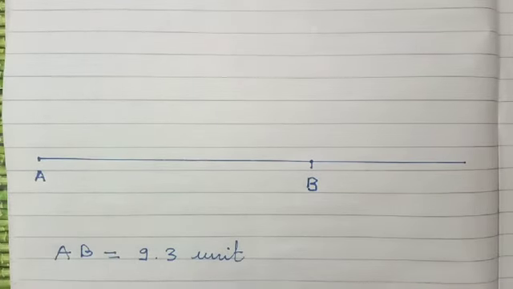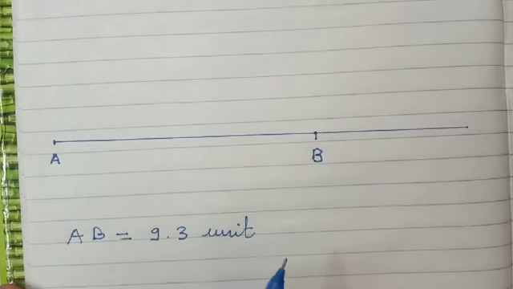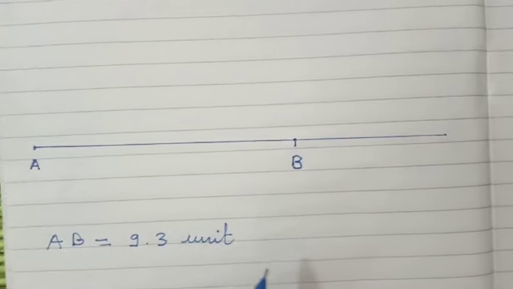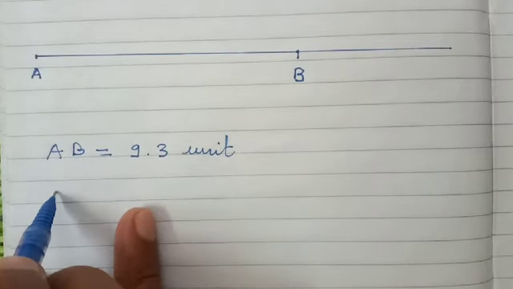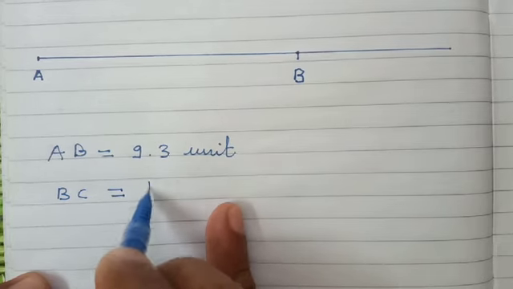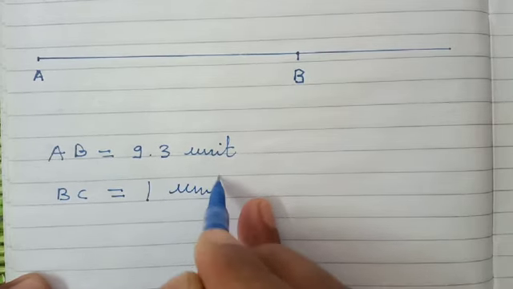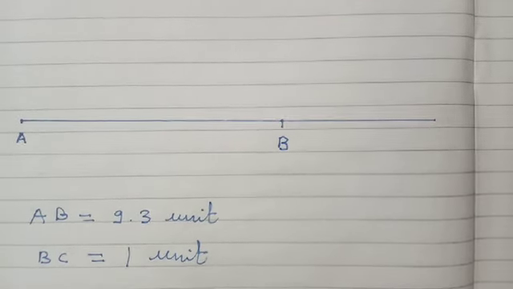Clear? Now in the next step we should take BC equal to 1 unit. It means 1 centimeter.